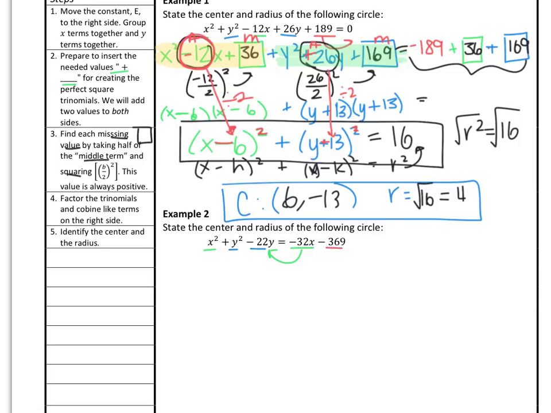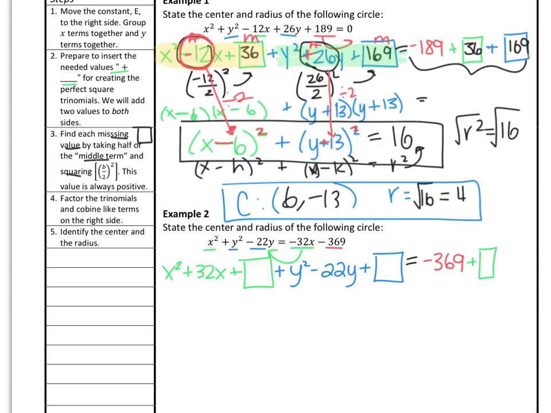Okay, so we've got x squared. When I move this 32x over, it's going to become positive 32x. Then I have my plus box, plus y squared, minus 22y, plus box, equals negative 369, and then I had plus green box and plus blue box for the x's and the y's.